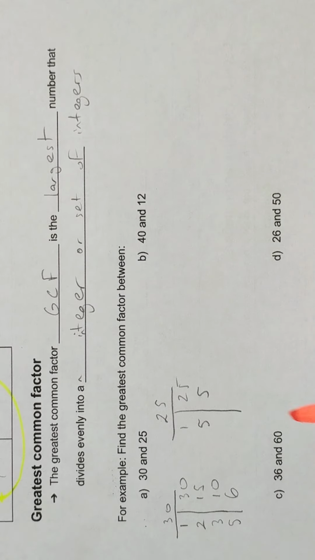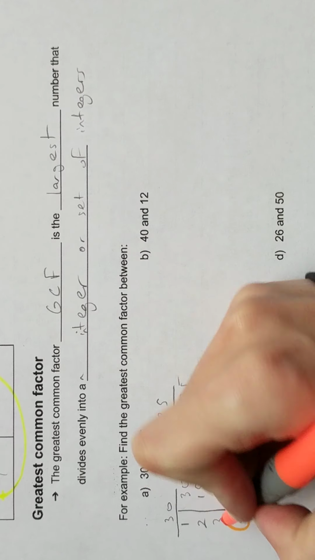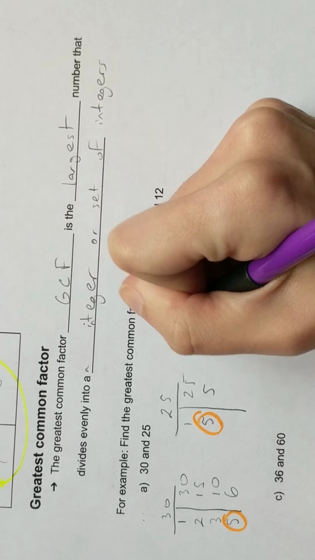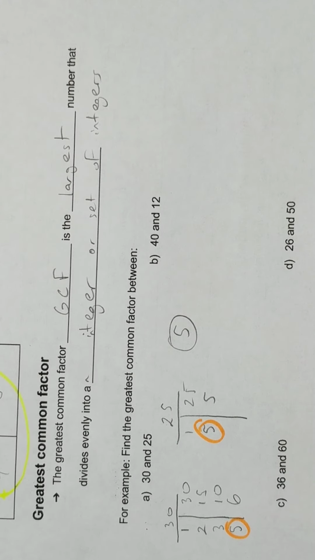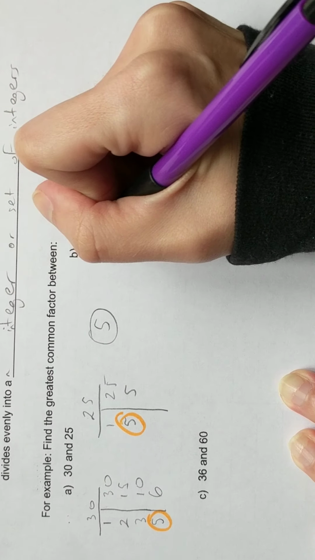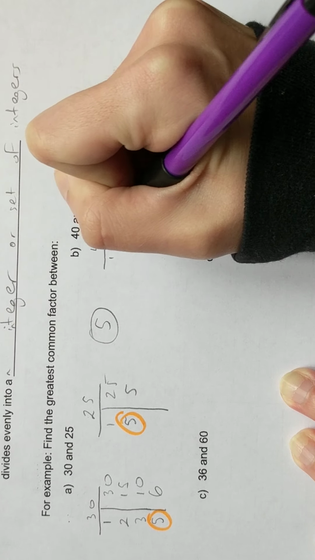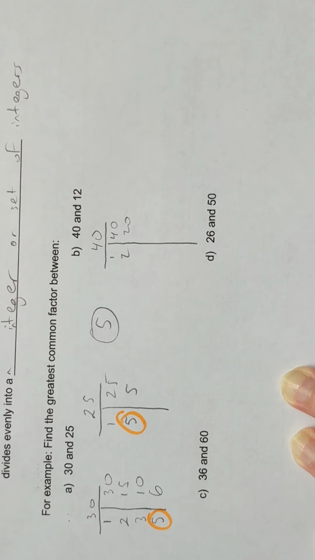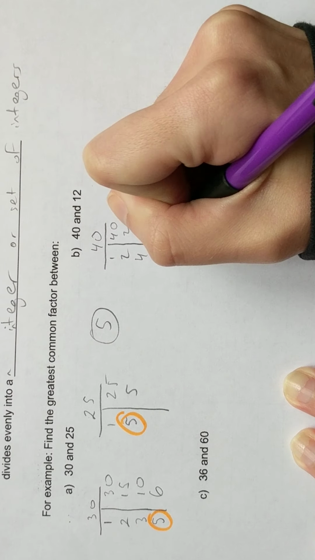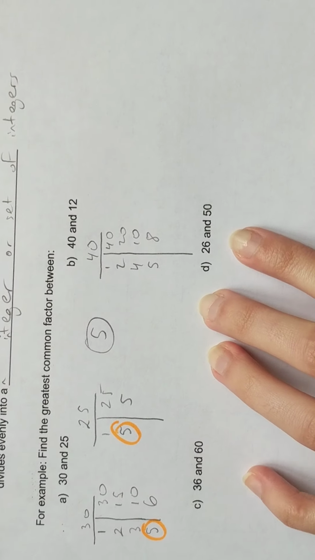Okay, so now we have to look for the largest number between these two tables, and I can see that the largest number that they have in common is 5. Therefore, 5 is my greatest common factor. Let's do 40 and 12. I'm going to start with the factors of 40. 1 and 40, 2 and 20, 3 does not go evenly, 4 and 10, 5 and 8, and 6 and 7 don't work.